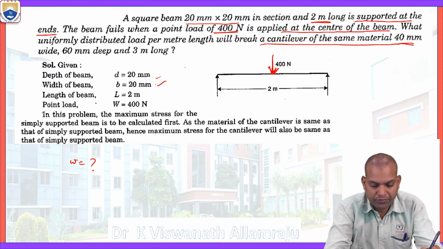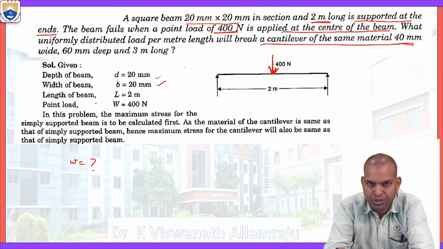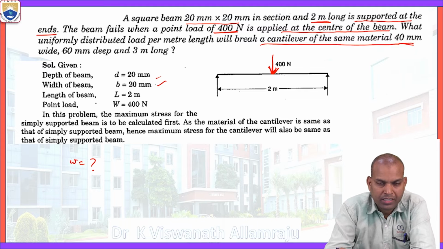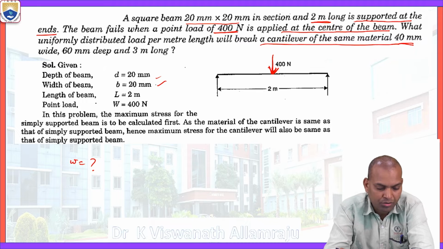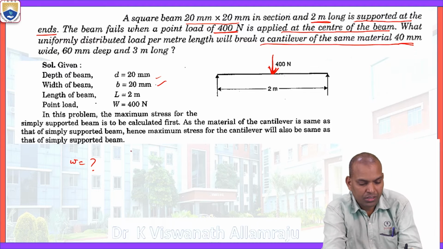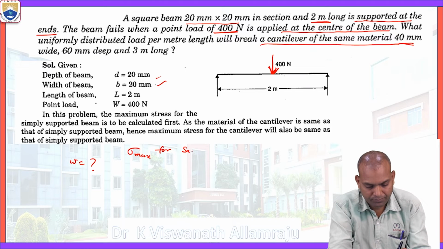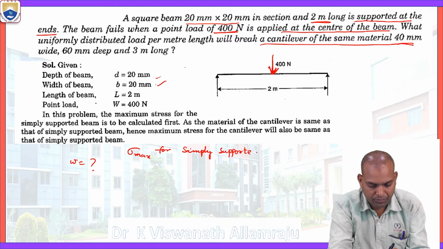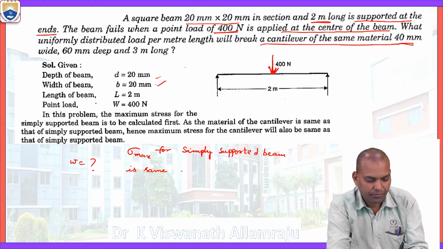As the material is the same for the simply supported and cantilever beams, the maximum stress will also be the same for both, which means sigma maximum for the simply supported beam is the same as for the cantilever beam.